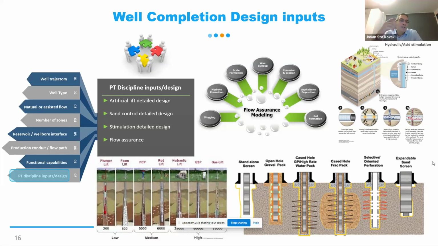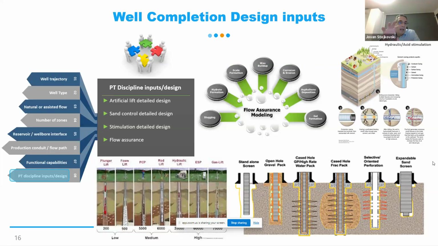And of course, then you bring in the stimulation engineer and the reservoir engineer to better understand how often you need those sleeves, how many components and multi-stage fracturing jobs you are planning, because all of this will influence your upper completion and then the IDs in your tubing and the components.